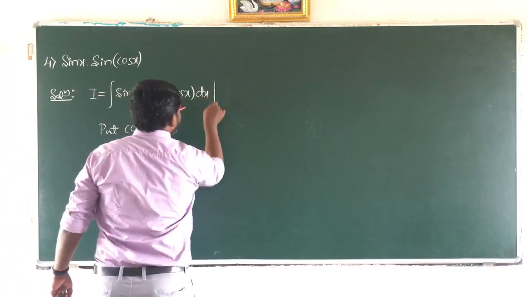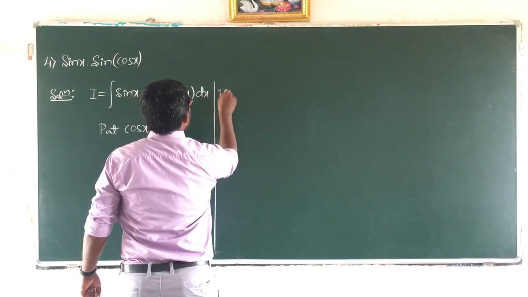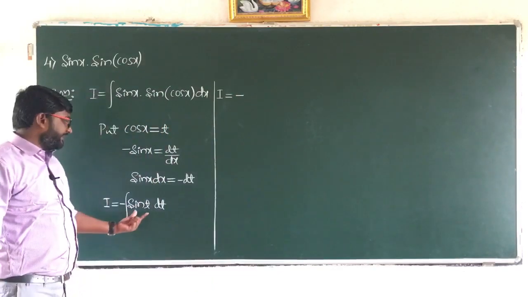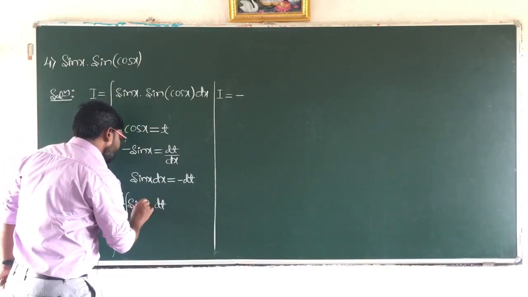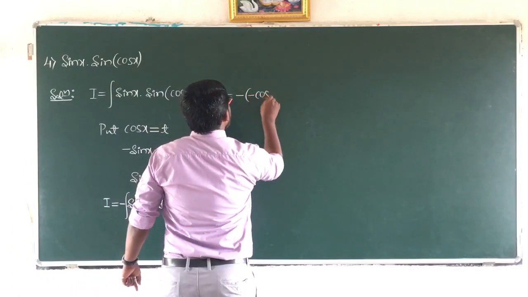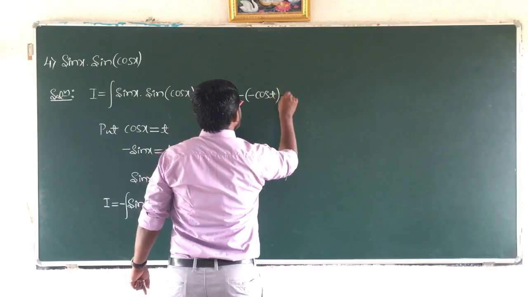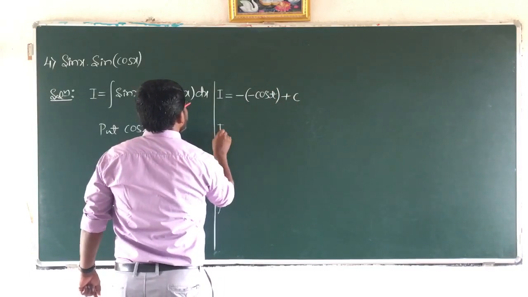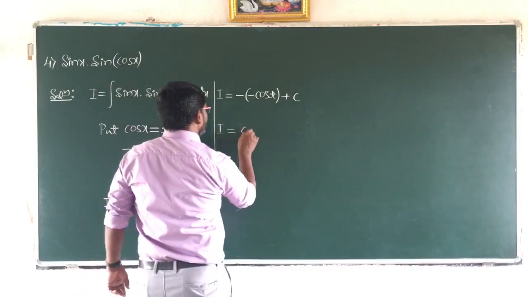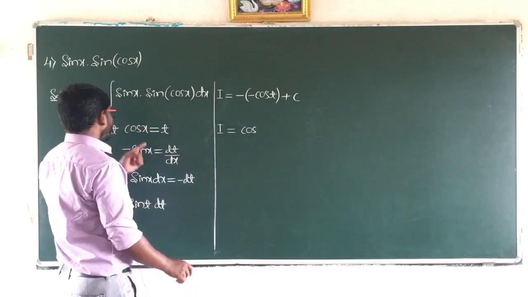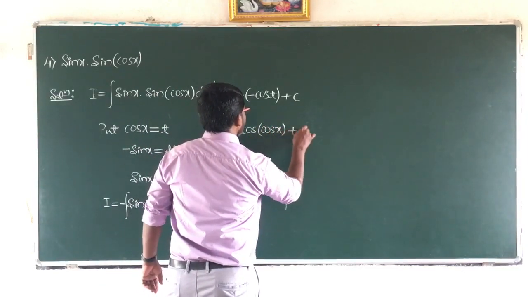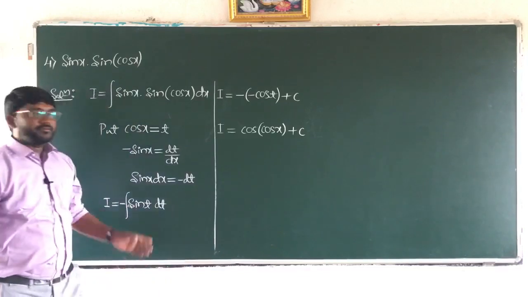So I is equal to minus, write it as it is, the integral of sin t. What is the integral of sin t? It is minus cos t plus c. So I is equal to minus into minus, it is plus cos t. What is t? It is cos x. So cos of cos x plus c. So this is the answer for the fourth one.